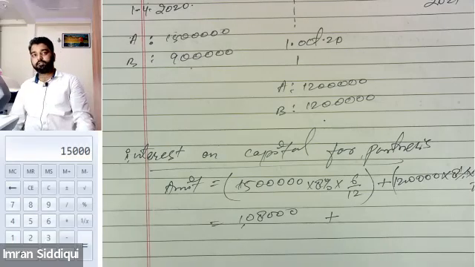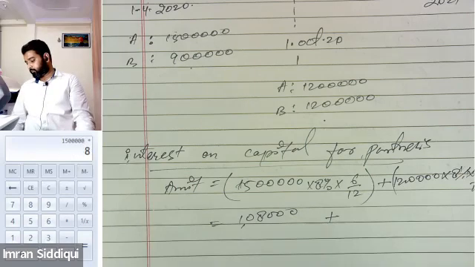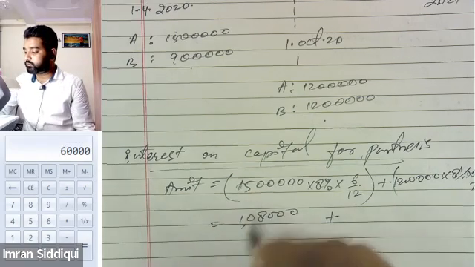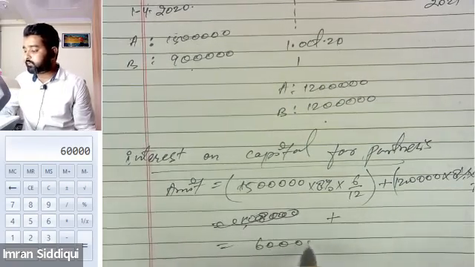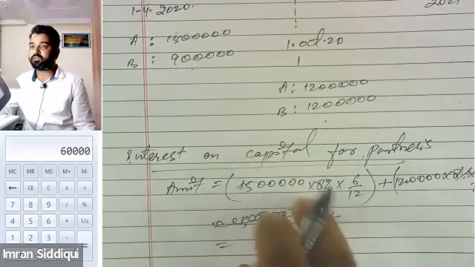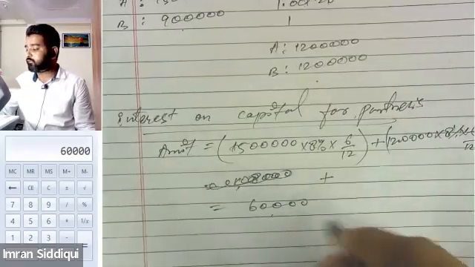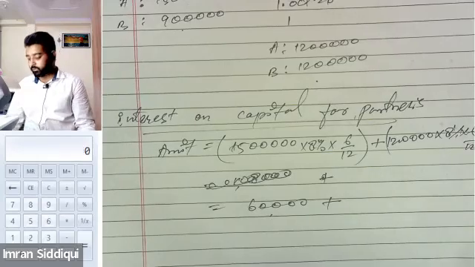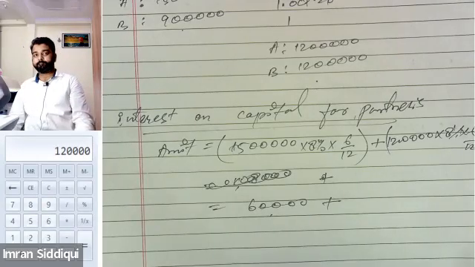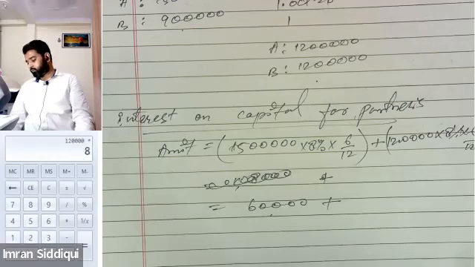So 15 lakh into 8% into 6 upon 12 gives 60,000. 60,000 will be the interest on capital for this particular portion, and for the remaining amount, the interest will be 12 lakh into 8%.